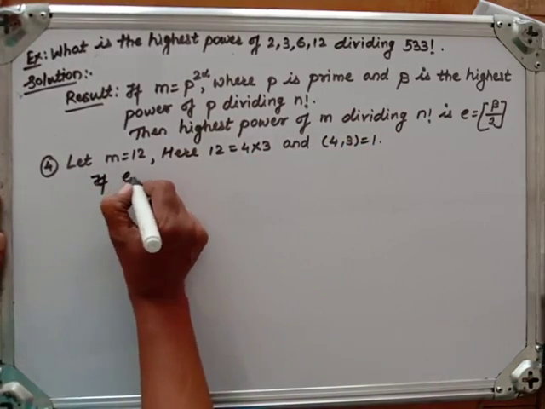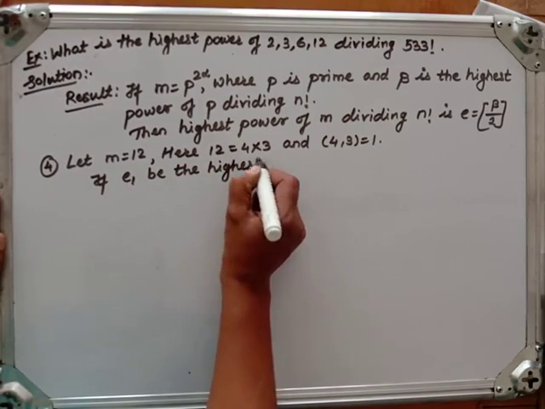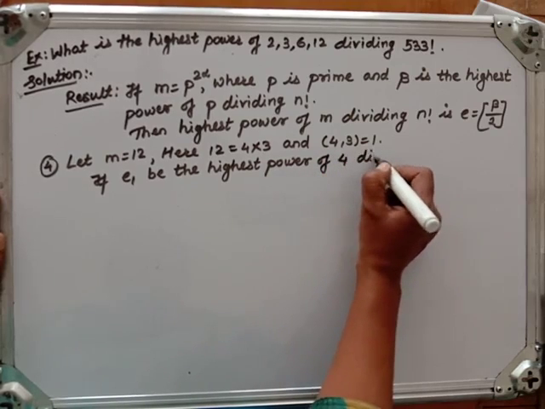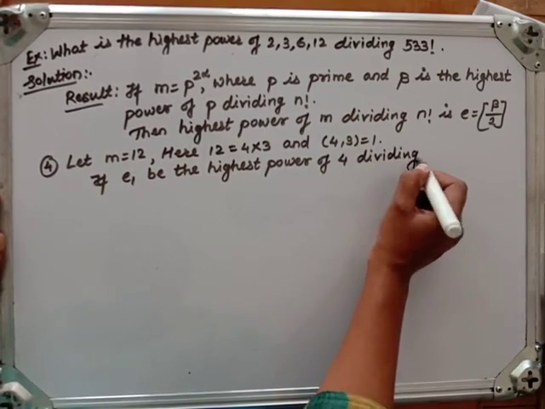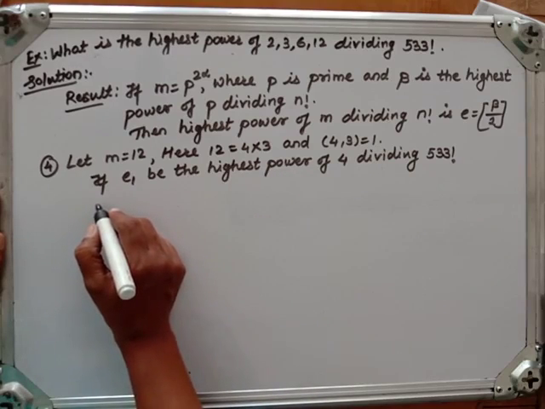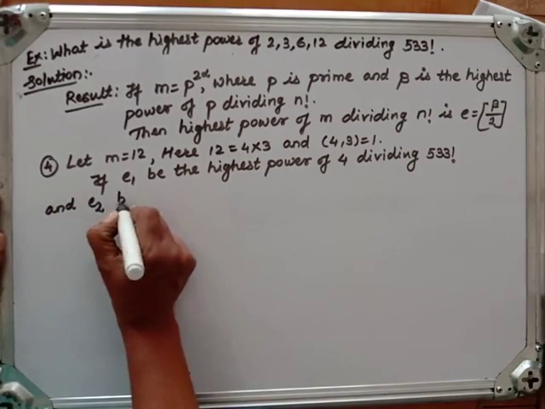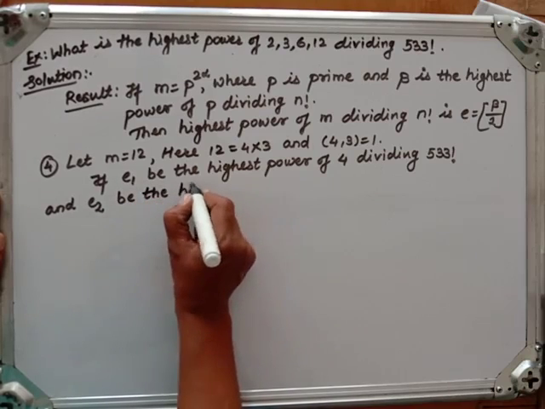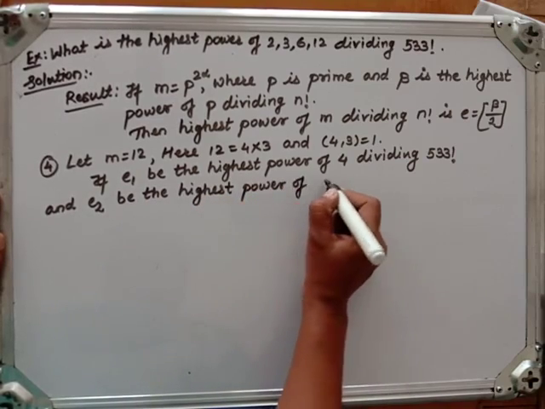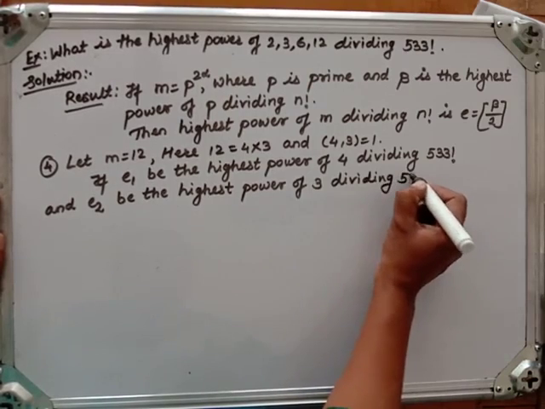If E1 be the highest power of 4 dividing 533 factorial, and E2 be the highest power of 3 dividing 533 factorial.